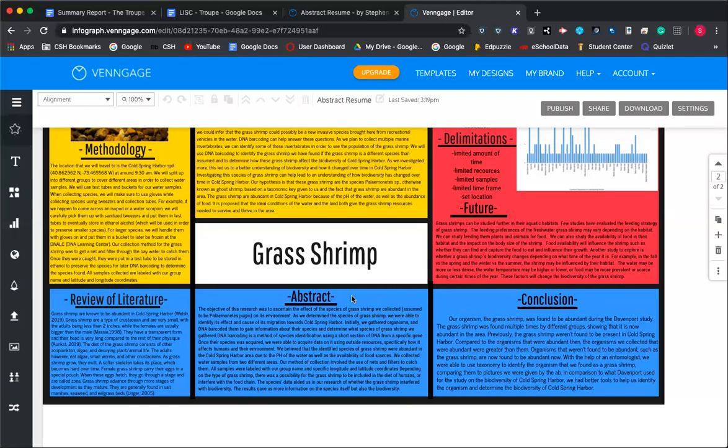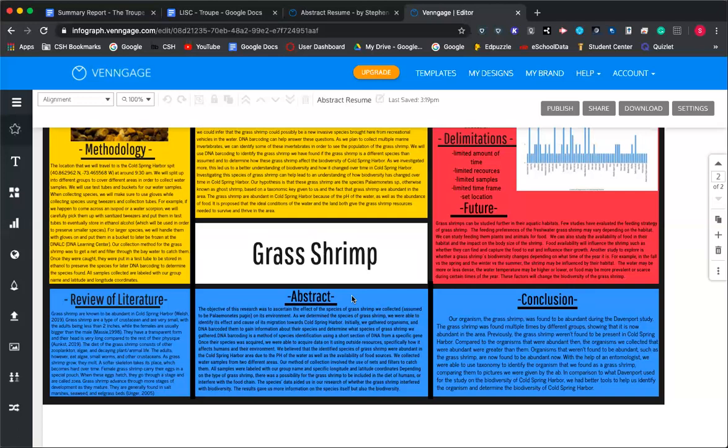The abstract. The objective of this research was to ascertain the effect of the species of grass shrimp we collected on its environment. As we determined the species of grass shrimp, we were able to identify its effect and cause of its migration towards Cold Spring Harbor. Initially, we gathered organisms and DNA barcoded them to gain information about their species and determine what species of grass shrimp we gathered.